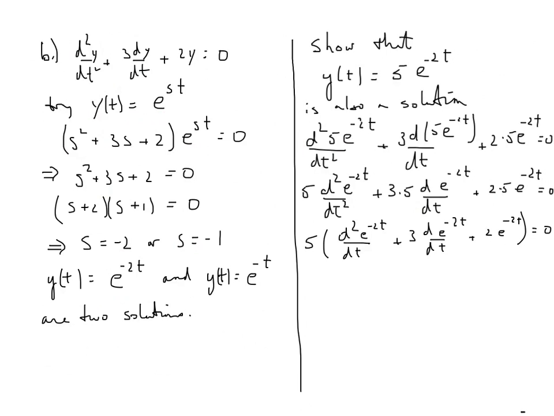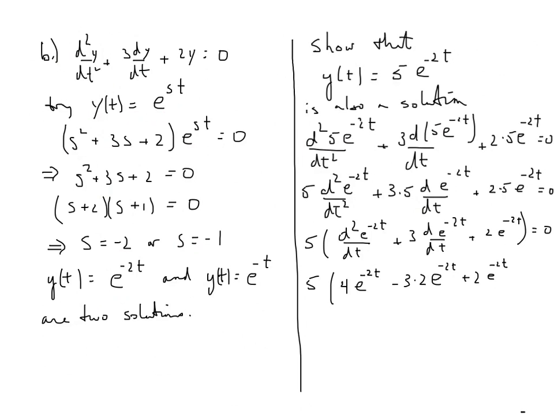Now I'll do the differentiation, which I'll do quickly. The second derivative will leave us with a positive 4 e to the minus 2t. The first derivative will leave us with a minus 2, so 3 times minus 2 e to the minus 2t. And still we have a 2 here, e to the minus 2t.